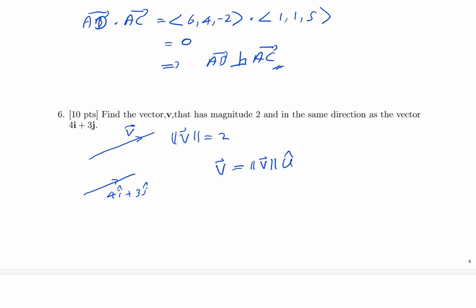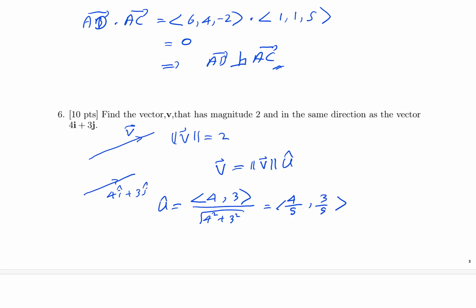How do we find the unit vector? We know a vector in that direction, that is 4i plus 3j. So how do we find the unit vector? We have 4, 3 divided by the magnitude of that vector, right? It means the square root of 4 to the power 2 plus 3 to the power 2. So this equals 4 over 5 comma 3 over 5.